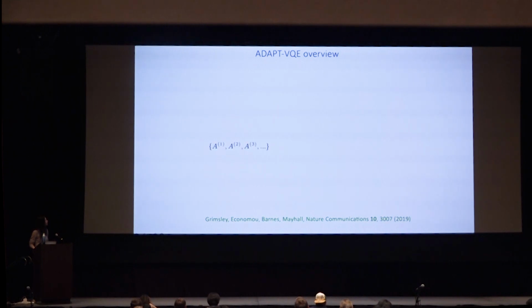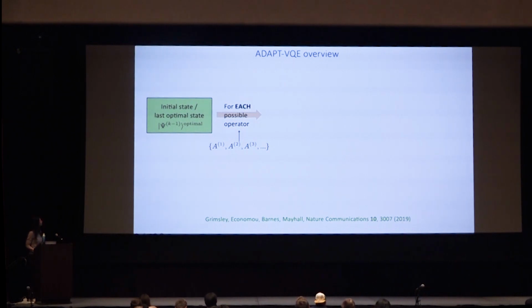All right. So let me show you just what I already said in a schematic way. So we start from some initial state, or you can think of this as the state at iteration k. This is the state you have created at that point.